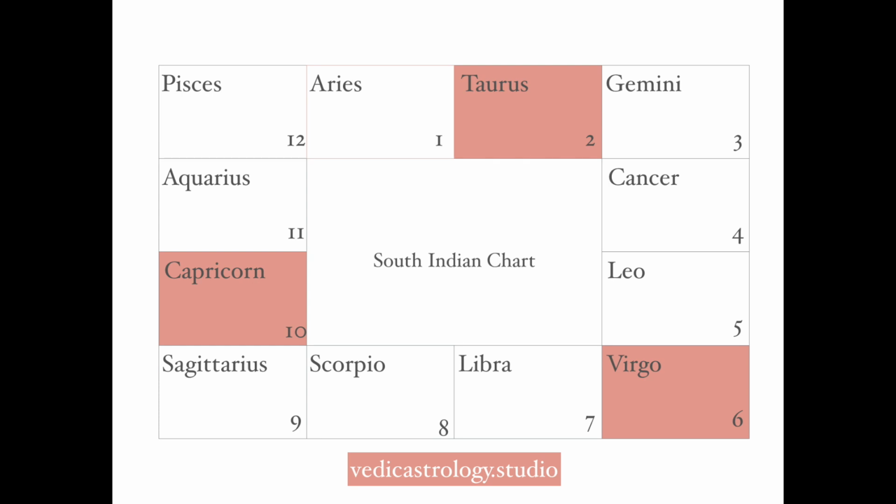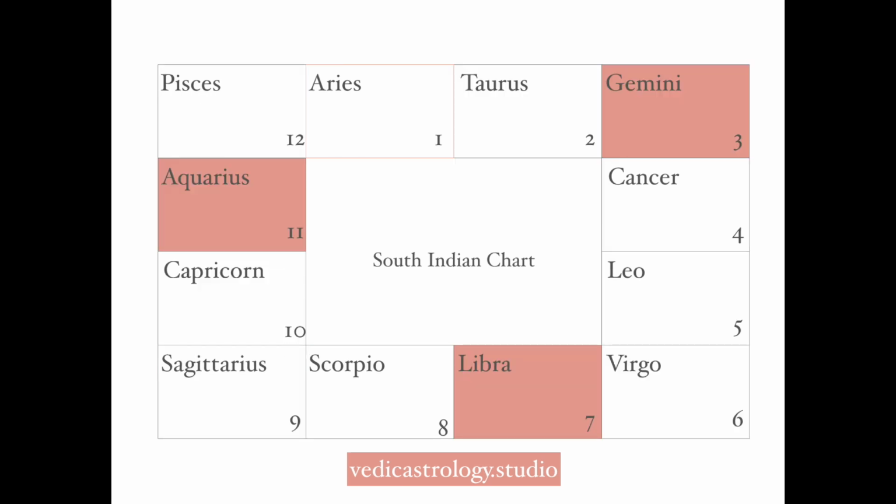If the person has a job, if they're looking for a job, you would look at the Artha houses 2, 6, and 10, or you look at the signs Taurus, Virgo, and Capricorn. If they're running a planet in one of these signs, then they probably will have a job pretty soon. Or if they're running a planet in the 2nd house, 6th house, or 10th house.